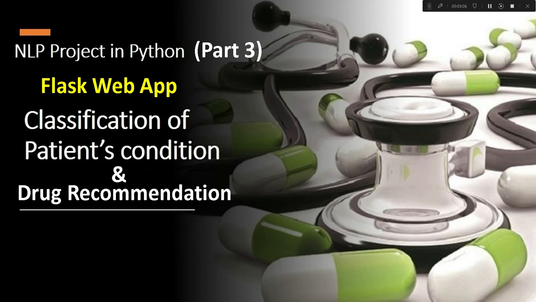This Flask web app gives you two predictions. First, it will give you the patient's condition based on the drug reviews of the patients, and second, it will recommend top three drugs based on the ratings given by different patients in the drug reviews dataset.